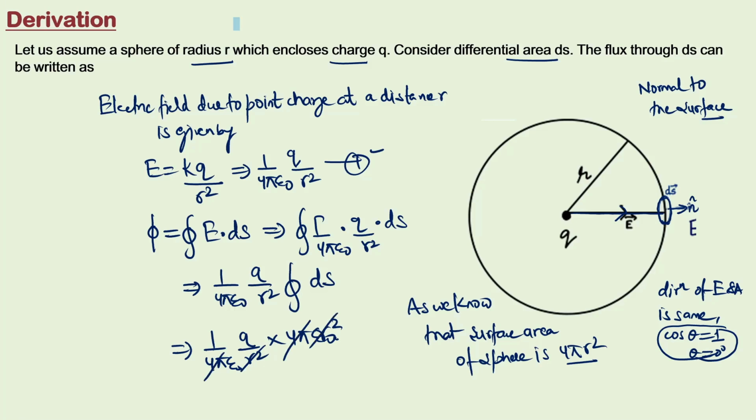So we obtain flux equal to q upon epsilon naught. This is the expression for net electric flux due to a point charge placed at the center of the sphere.